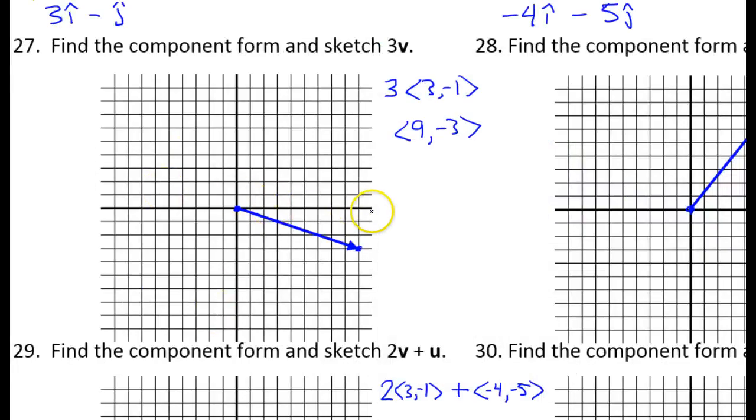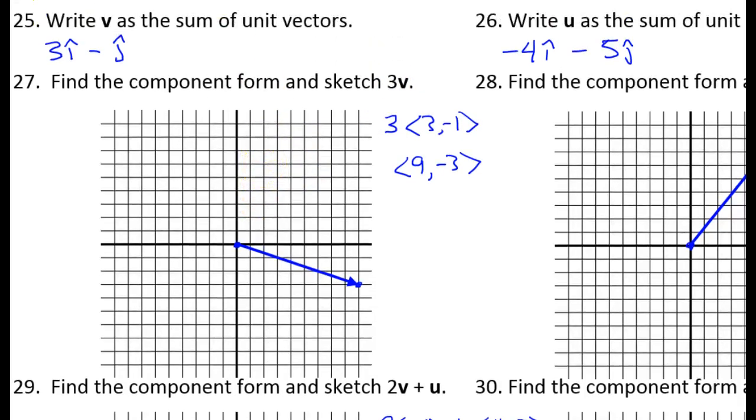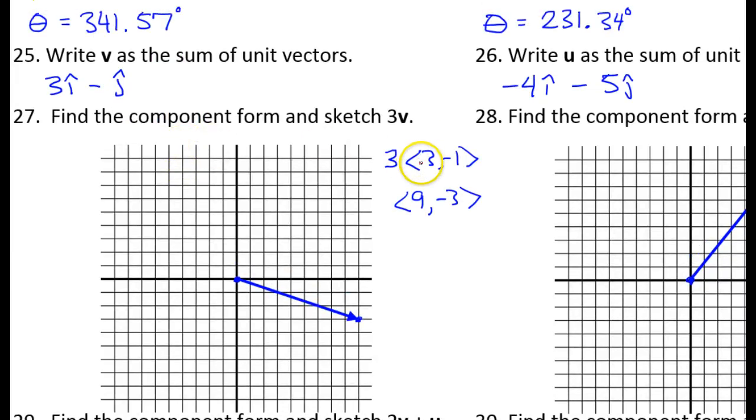Let's look back at the two sketches we just did. I think we're supposed to illustrate in the sketch the nature of 3v, meaning it's 3 times vector v. So we should be able to picture this as if you think about vector v and how it was over 3 and down 1.